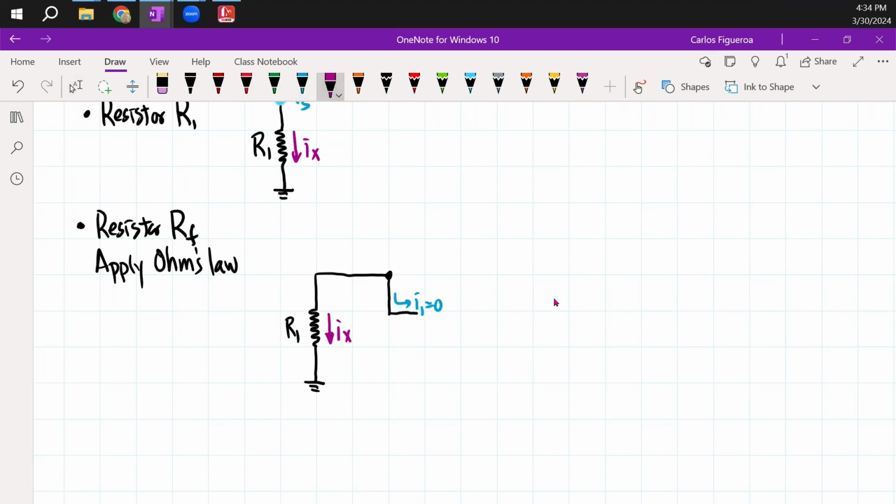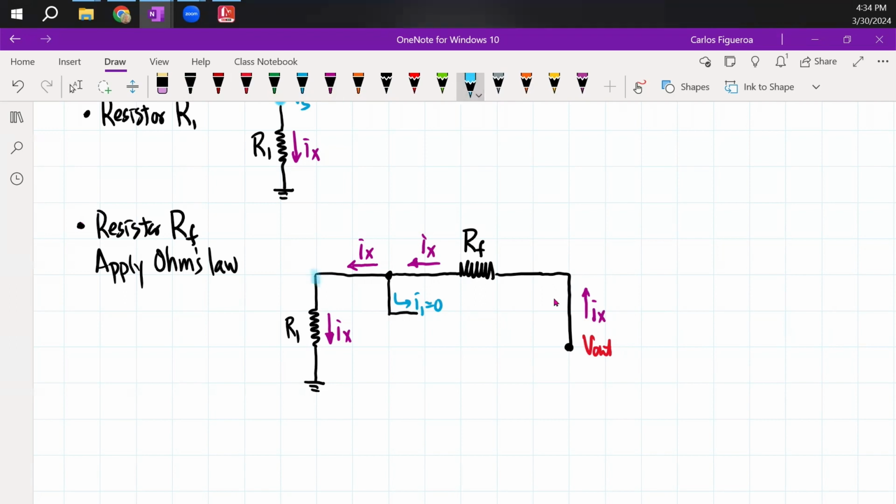That means this has to be IX. After the junction, we continue and go to RF, and this RF is now connected to my node V out. As I pass this junction, I still have IX coming right through here.